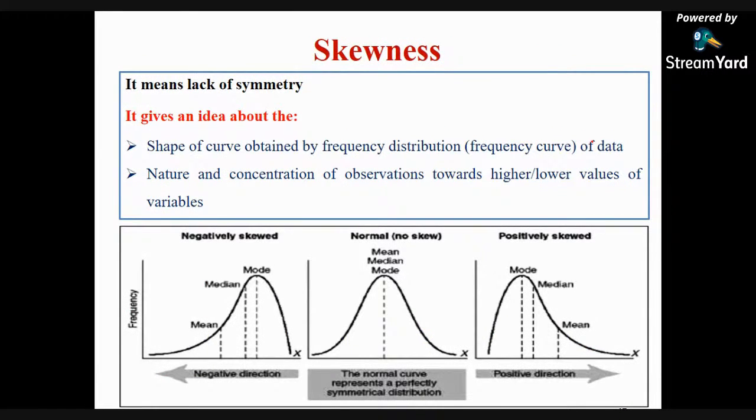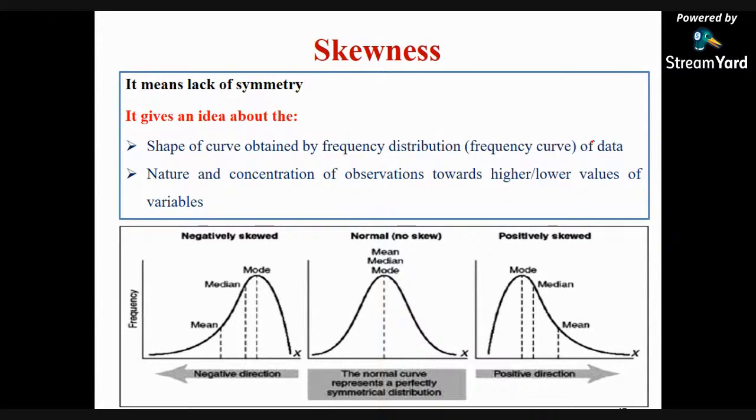and the other aspect is skewness, which means lack of symmetry. Many times in our biological data analysis, we come across this phenomenon of skewness, where symmetry is lacking. As you have heard regarding the normal distribution, this is the symmetry.